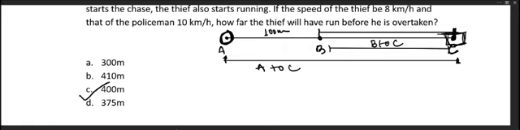Otherwise there is no possible way to overtake the thief. If you want to overtake the thief, you have to be on the same spot where the thief is.